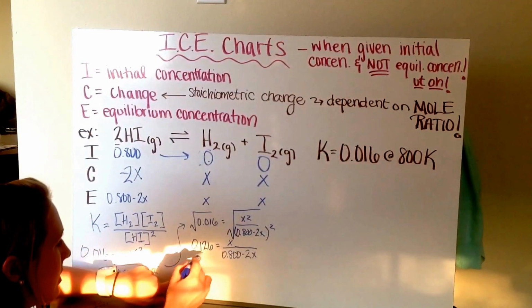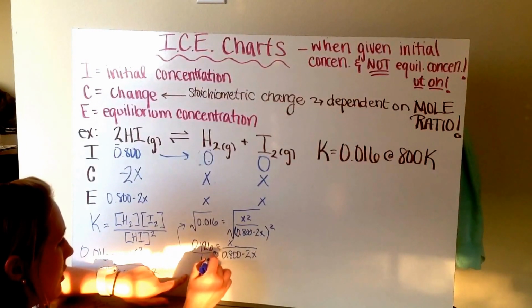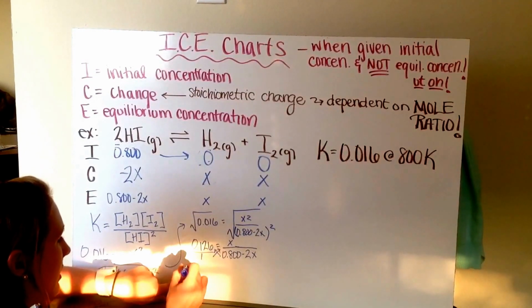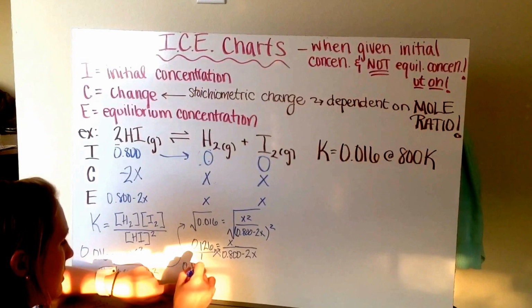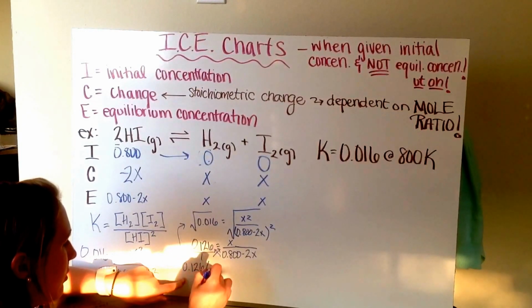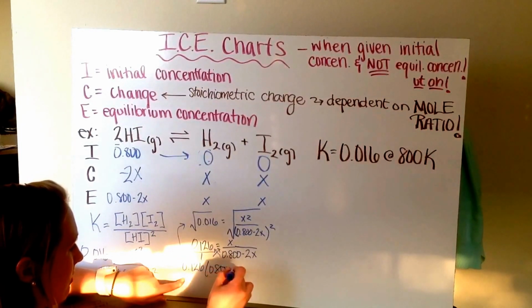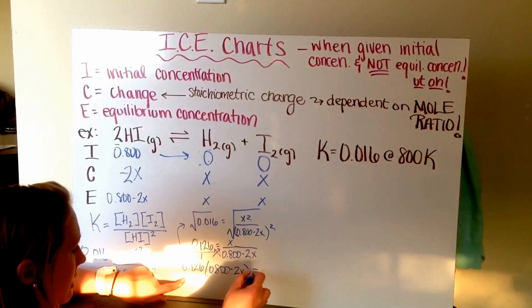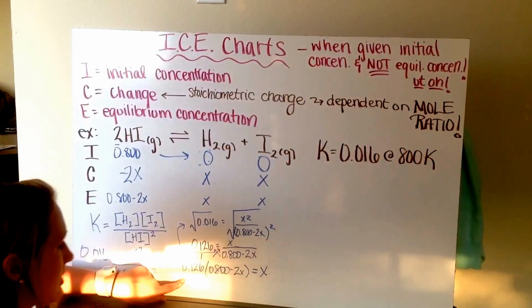Now this is like over 1, so I can cross multiply. So I have 0.126 times 0.800 minus 2X is equal to X.